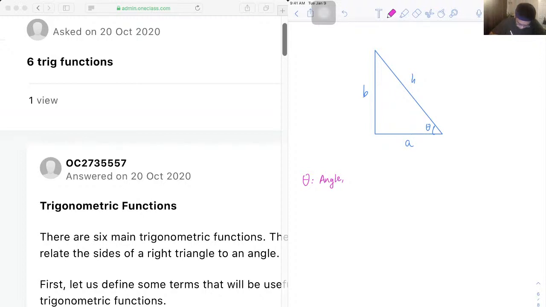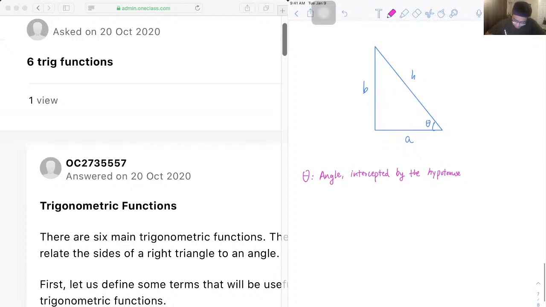Intercepted by the hypotenuse and the leg of a right triangle.